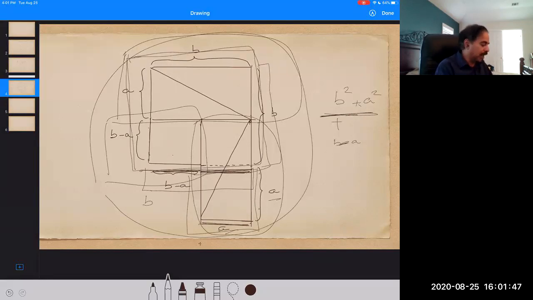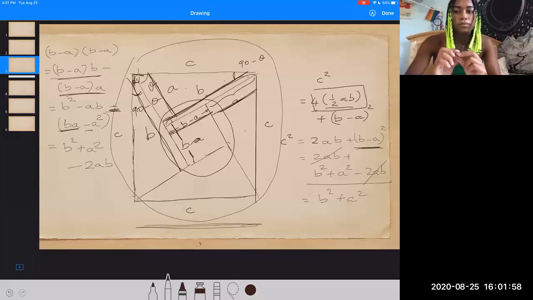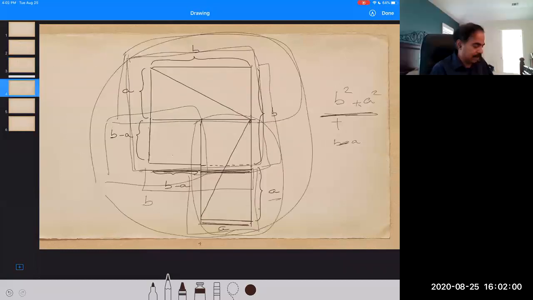But we got to this arrangement by simply taking the pieces from here and rearranging them. So the area over here should be the same as this area, because all we did was rearrange the tiles. We took the same tiles and rearranged them, so the area has to be the same.